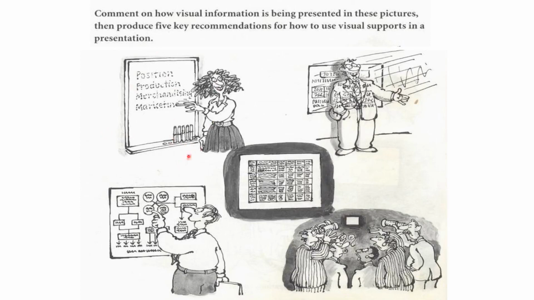Actually, the presenter has good body language and good facial expressions. You see that the presenter is not looking at the screen, and seems to be talking with the audience, maintaining eye contact and so on. That's good.